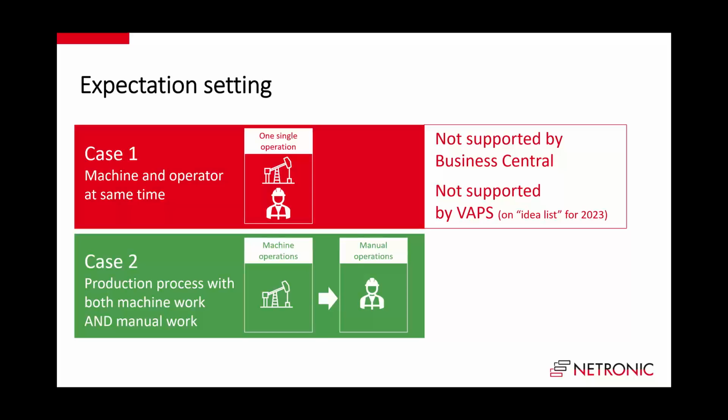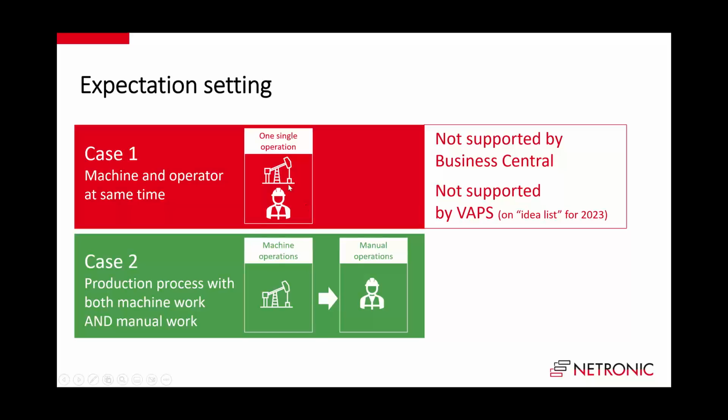It is on our idea list for next year that we will start looking into this case. I know that this creates a lot of additional challenges for the scheduler we built. So it is not a lightweight development task, but we have it on the list of ideas for next year. So we will look into this. I'm not committing that we will build this, but we will look into this because we see this case frequently.